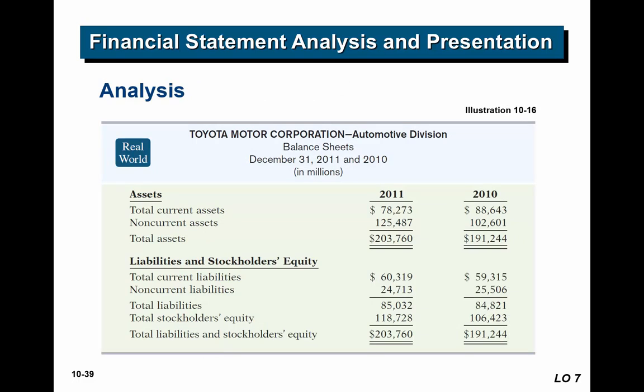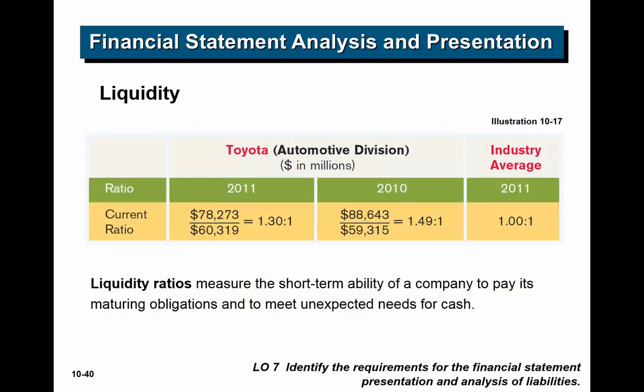So a couple other things to think about when we're looking at our liquidity, or our ability to pay cash. What we're trying to figure out is how easily we can pay our short-term debts.